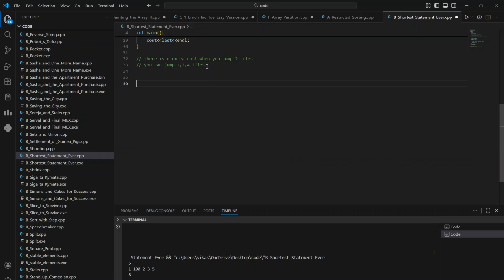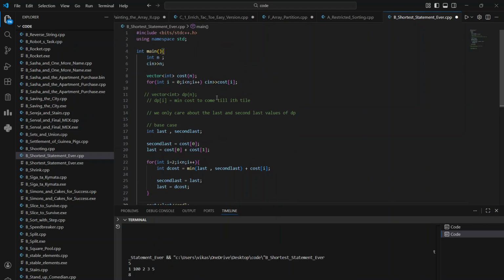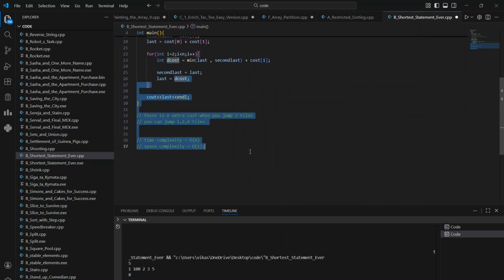So now my time complexity is O of n, but the space complexity is going to be O of 1 only, because I don't care how big the n is, I only need two variables to count the answer. So that was it in this case. So this is how you can also optimize the space.